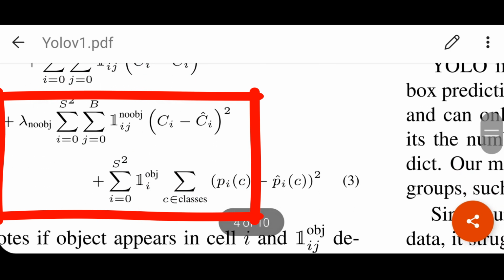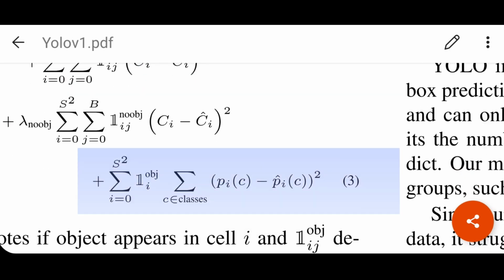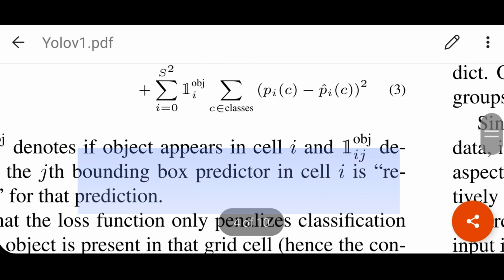And it also sums the class-specific probability values in the third one. It's the classification error. From i equals 0 to S squared for each grid, and for each class it is calculating the mean squared error of the probabilities, confidence scores, to be an object or not, to be that specific class or not.